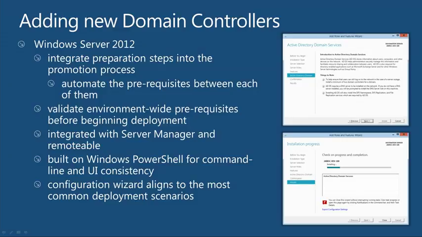I tried to get that answer out of the product group in the last couple of days, and they said that they wanted something that was independent from the other FSMO roles. They didn't want to confuse things with the schema master, but otherwise there was no good reason to do it. So those sort of things were just potentially confusing. So in Server 2012, the idea is to simplify the whole process, make it consistent with the Windows PowerShell experience.